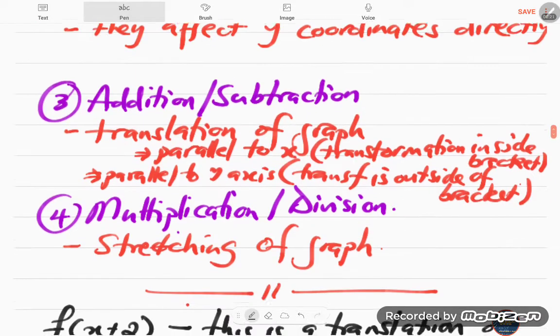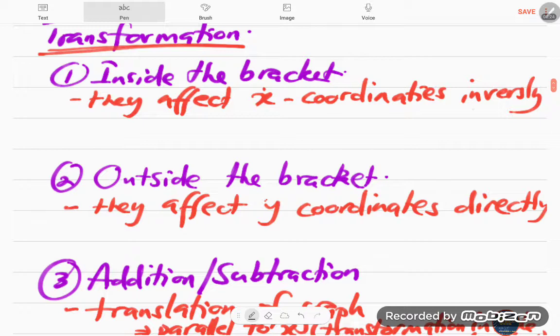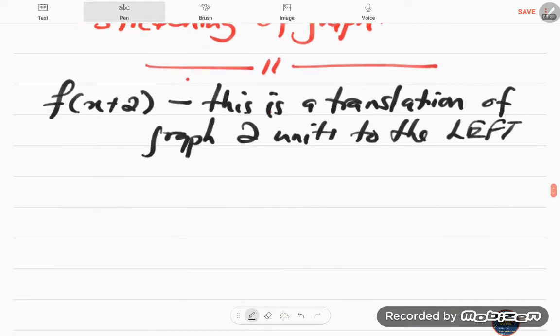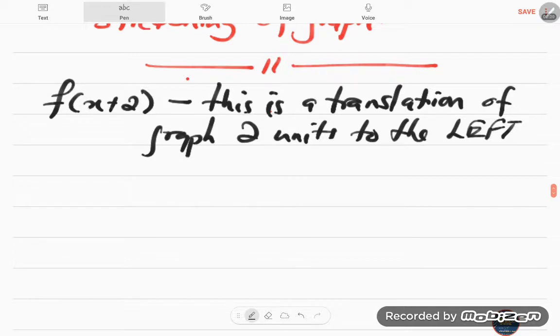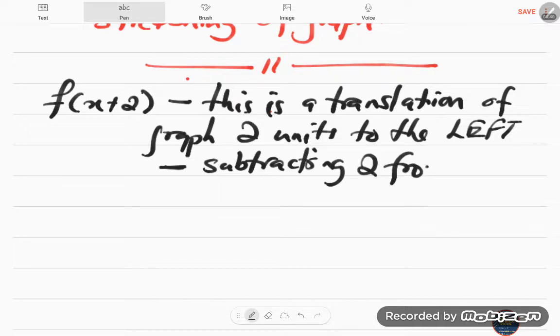This is where the inverse part that we discussed right here comes in. The inverse part states that the opposite will happen. You're adding 2, but what's happening is your graph is moving to the left. So in actual fact, what we're doing is that we are subtracting 2 from our x coordinates.